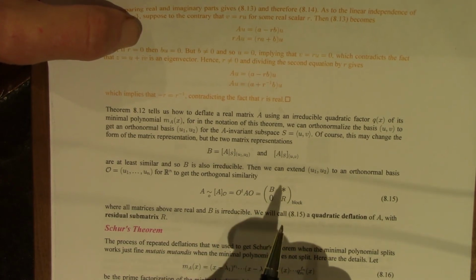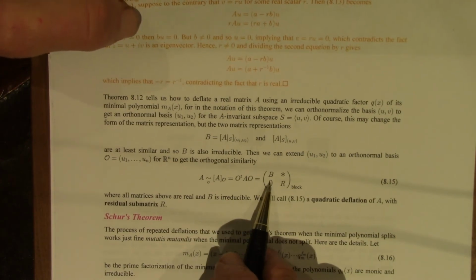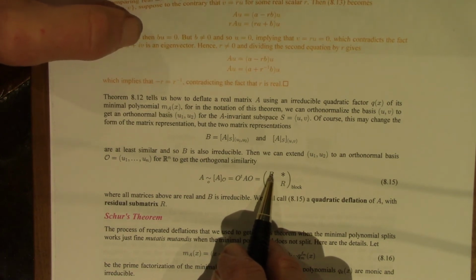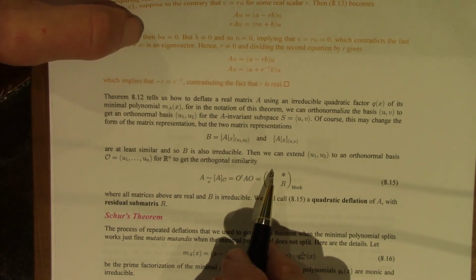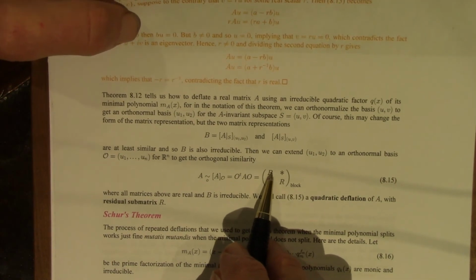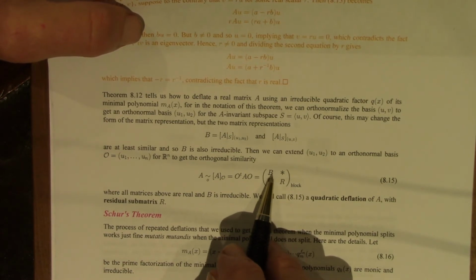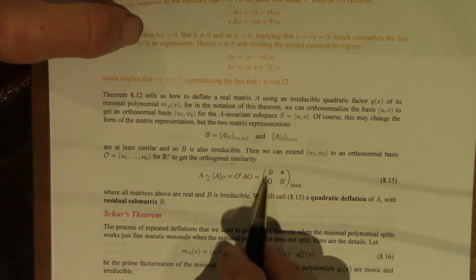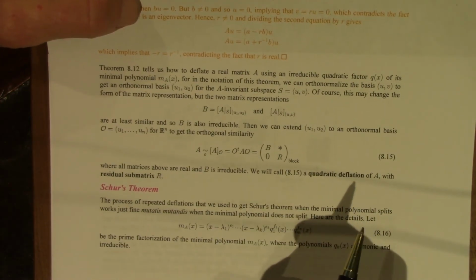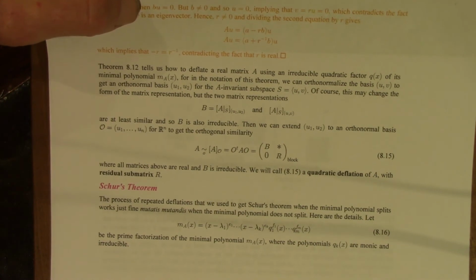So the pattern is exactly the same. In the linear deflation, B was a 1 by 1 matrix. In a quadratic deflation, it's an irreducible 2 by 2 matrix. This all should make perfect sense. Irreducible quadratic factor, irreducible 2 by 2 matrix, or submatrix. So that's the story on quadratic deflations.